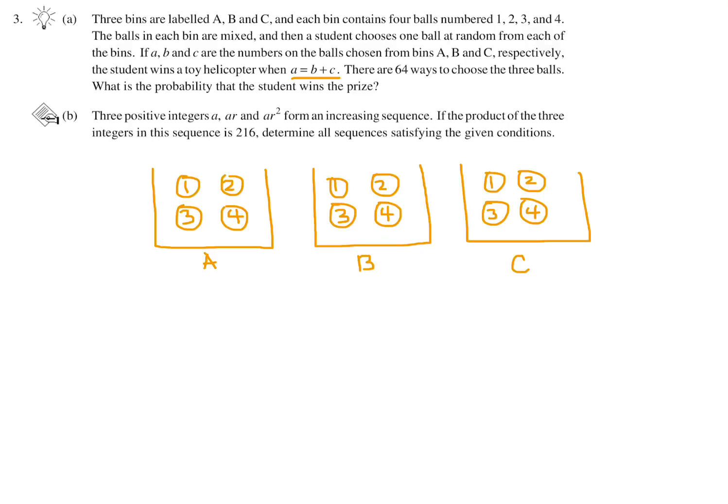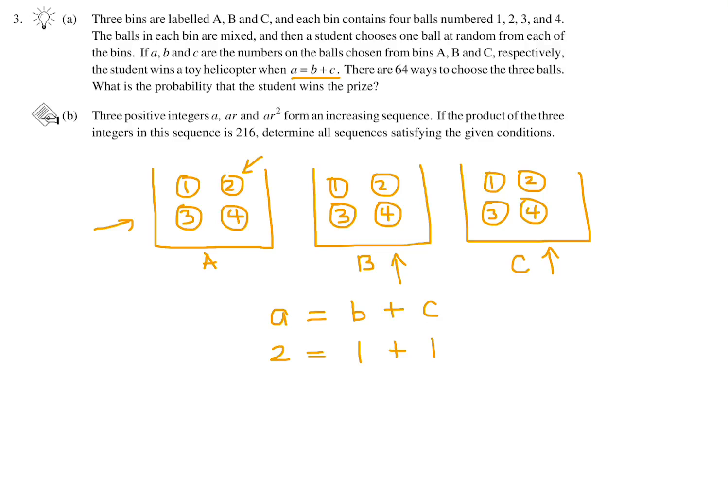Someone selects a ball from bin A, then one from bin B and one from bin C, and we want the value of the ball from bin A to equal the values B plus C. For example, if we chose a ball from bin A and it was 2, then the ball from bin B must be 1 and the ball from bin C must be 1. That's the only way this would work, correct?